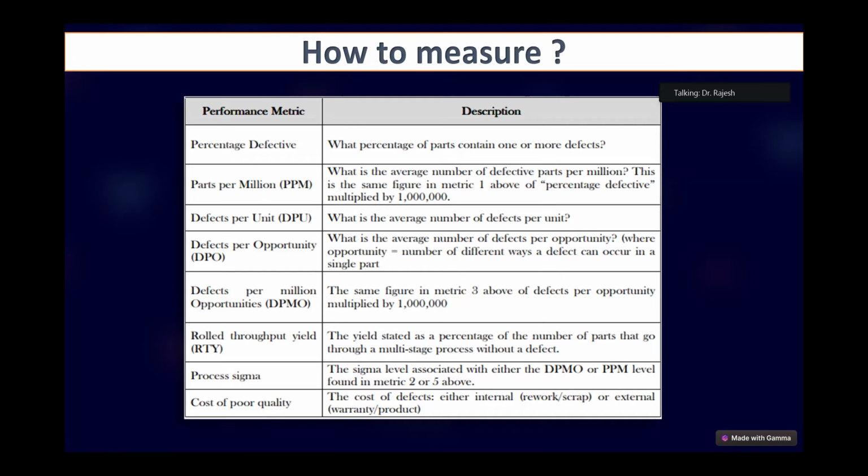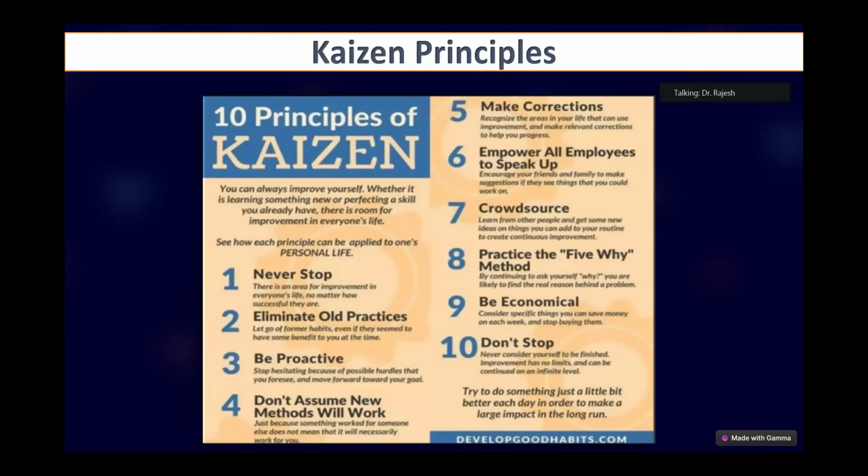This becomes the cost of poor quality. After that it will not stop; you have to rework on it again, and that will become your cost. So whenever you're doing any project, think of the cost aspects. How am I going to reduce my cost, how am I going to fix my problem at the first stage itself? That's the way you need to think of it.